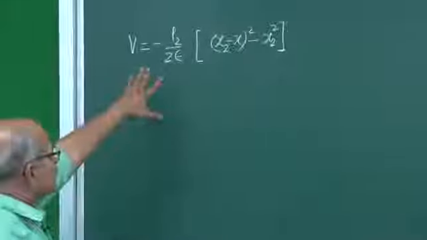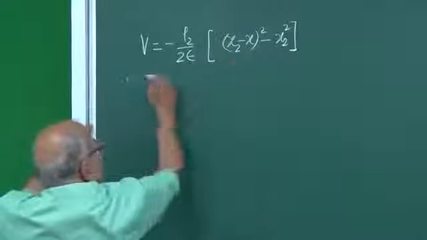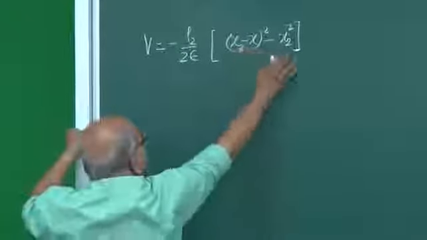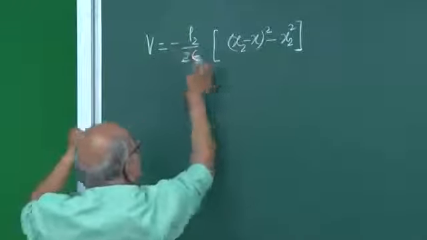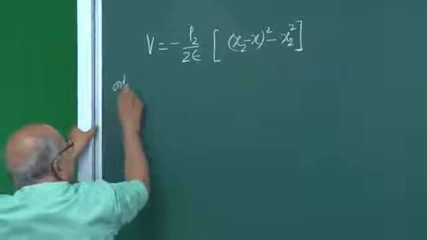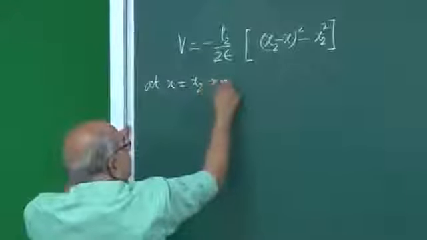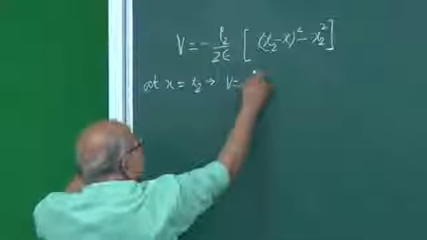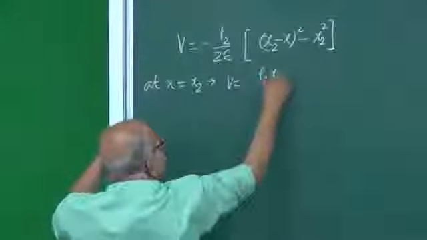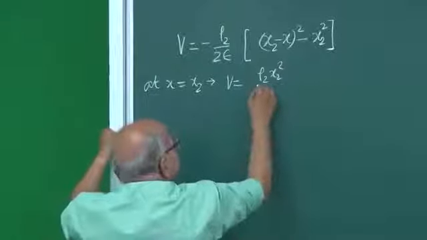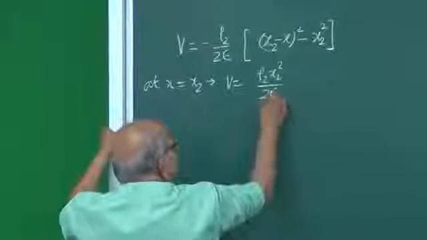So at x equal to 0, this is 0, and at x equal to x2, V is equal to rho 2 x2 square divided by 2 epsilon, right?